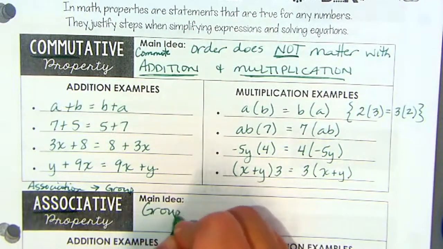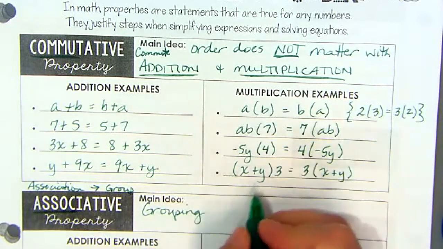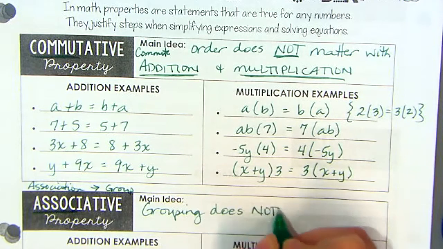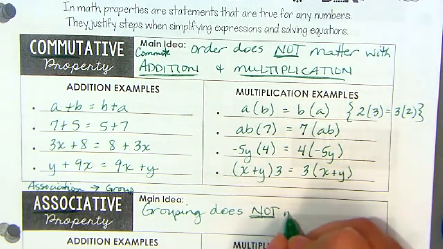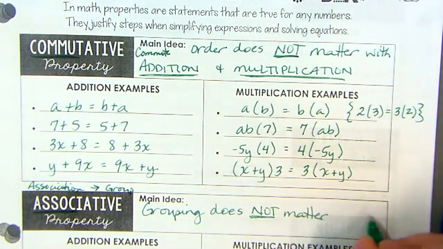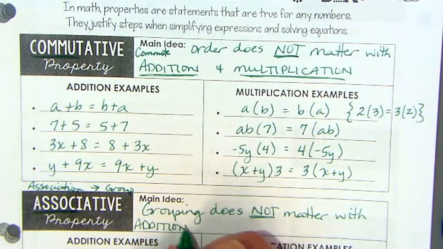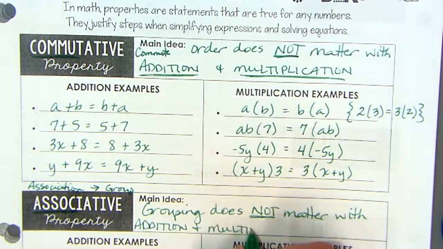Grouping does not matter with addition and multiplication. Again, it's only addition and multiplication.